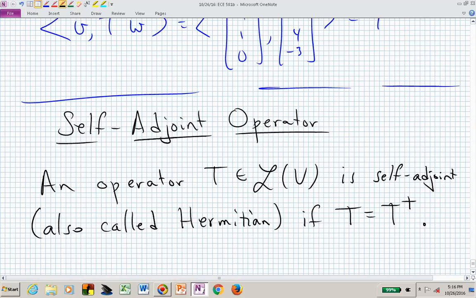The complex conjugate transpose of those, and now we're saying the matrix representation of T must equal the complex conjugate transpose of that matrix in order for it to be self-adjoint. So we'll stop at that. Your head is now spinning, but you now have this Hermitian map, which means that T is equal to its adjoint.